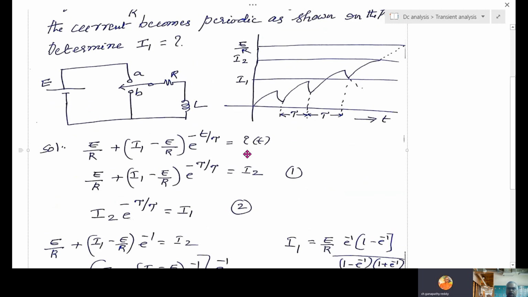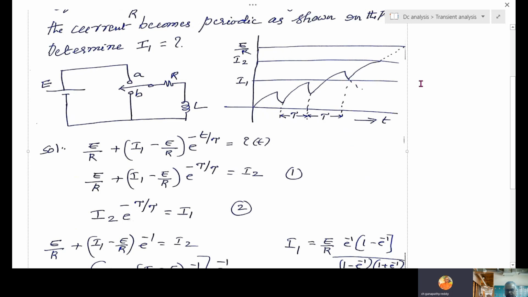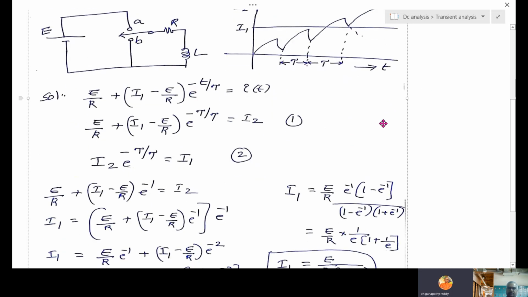Equation number 2: from I2 it is decreasing exponentially towards I1. So I2 e power minus t by tau, which is decreasing exponentially. Again, you can substitute initial and final values. It starts with I2, initial value I2, final value 0. So the expression will be I2 e power minus t by tau.